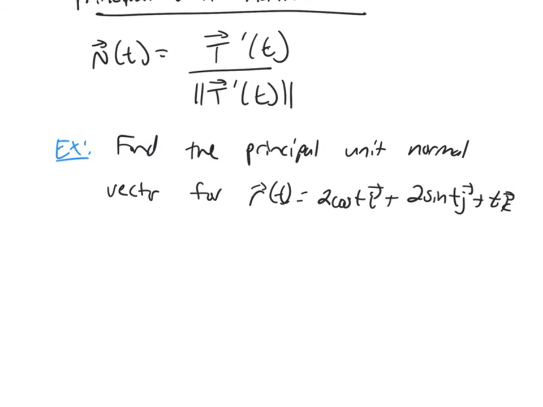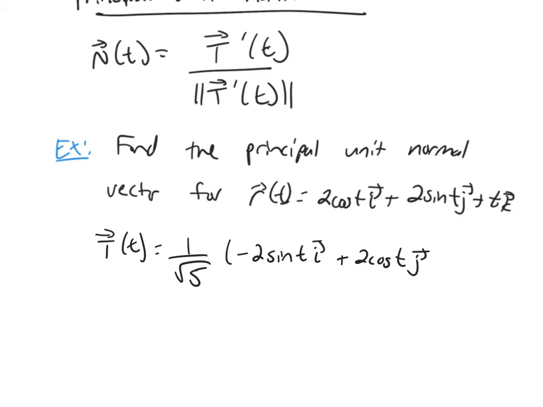So the first thing you're going to do is find your unit tangent vector. We did that in a previous video, so I'm not going to go over how to find that for time's sake, but I'll give it to you right here. You should get the following vector: 1 over the square root of 5 times the quantity negative 2 sine t i plus 2 cosine t j plus k.